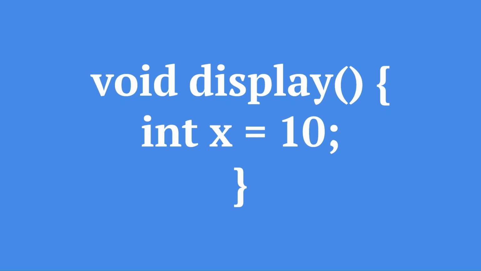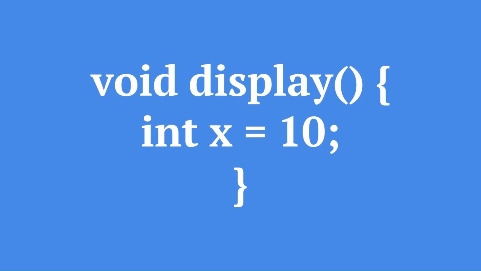Here you can see the code: void display, in curly braces, int x is equal to 10. So let's break down that code. Void display. Void is the return type of the function. It means the function does not return any value to the caller. Then display.